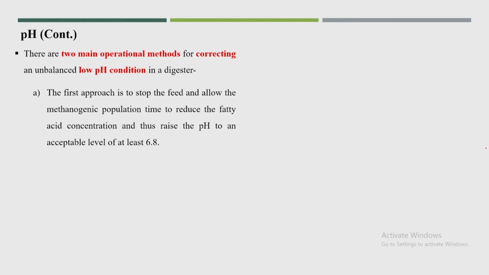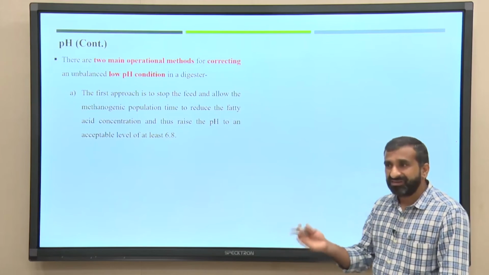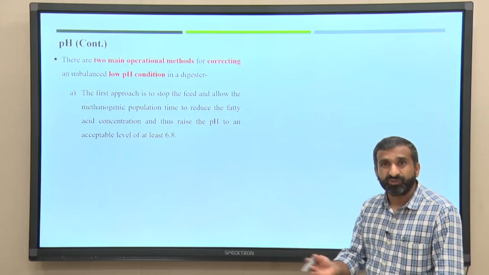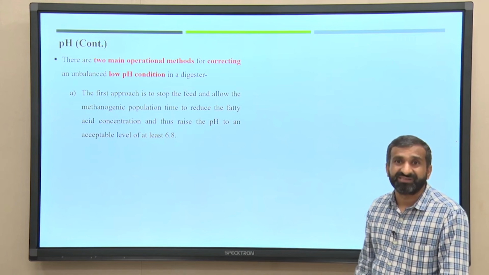There are two main operational methods for correcting an unbalanced low pH condition in the digester. The first approach is to stop the feed and allow the methanogenic population time to reduce the fatty acid concentration, thus raising the pH to an acceptable level of at least 6.8, or more than 6.5. So, do not feed the reactor, so that the microbes have more time to reduce these volatile fatty acids.